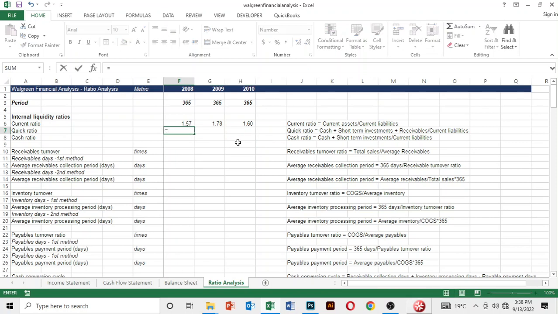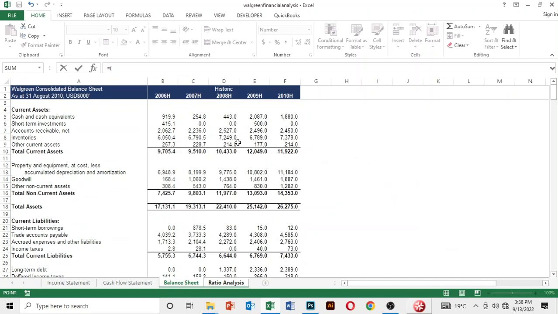So let's press the equal sign to start the formula, and let's open brackets there, and then hold down Control and press Page Up, and then let's go to 2008, add cash, and then add short-term investments, add accounts receivable, and then close brackets and look for the total liabilities figure for 2008.